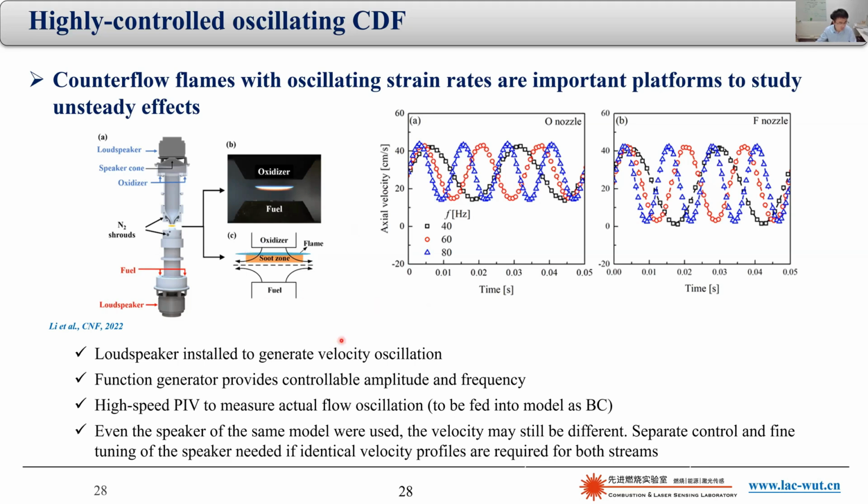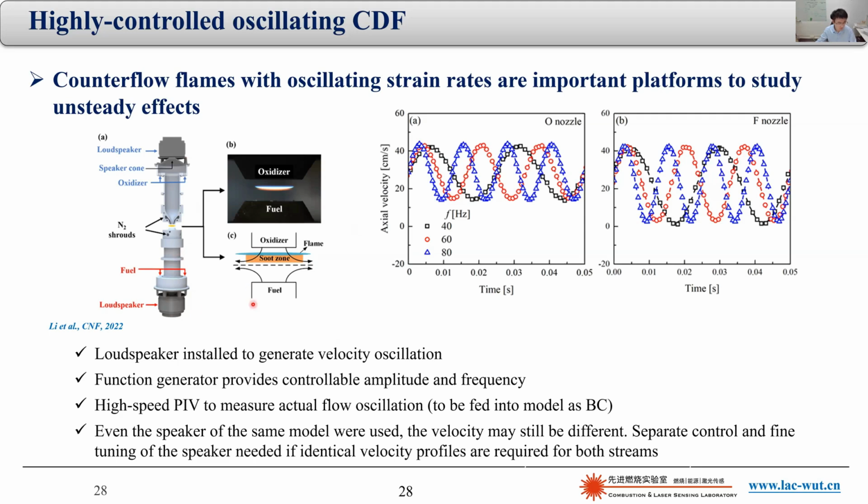So a very good way to investigate these oscillating effects is through counterflow flames with oscillating strain rate. So this is a schematic of the oscillating burner that we use in our lab. We actually use a loudspeaker installed on both sides to generate the velocity oscillations at the nozzle outlet.